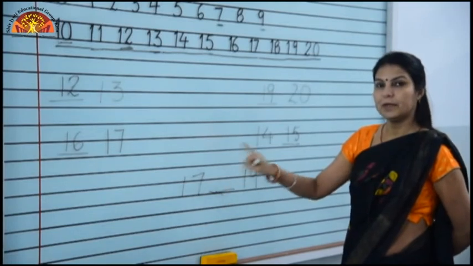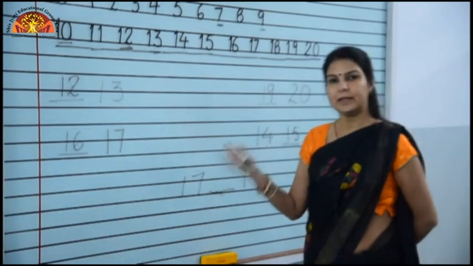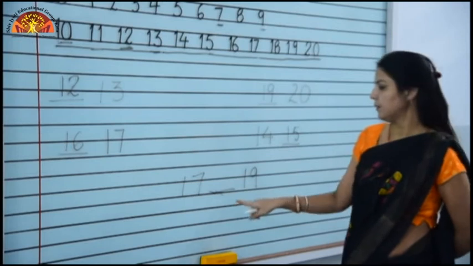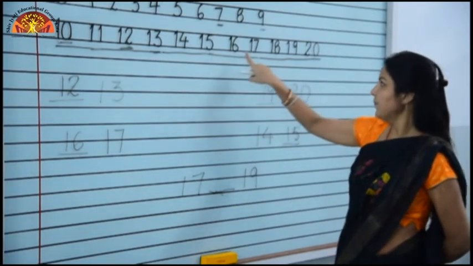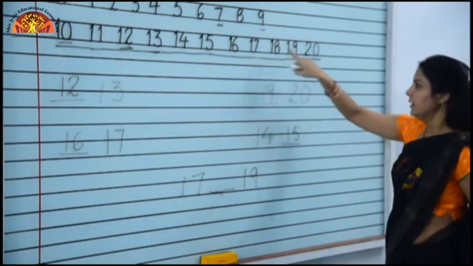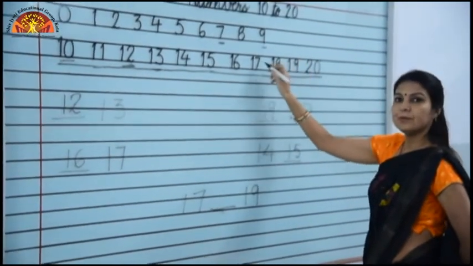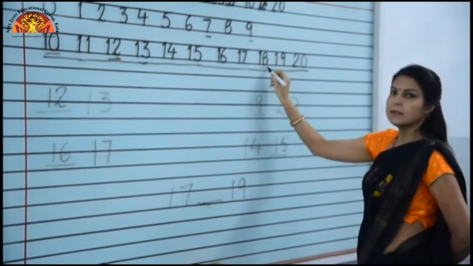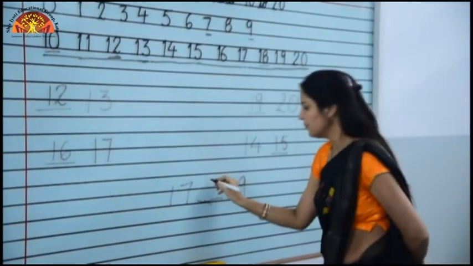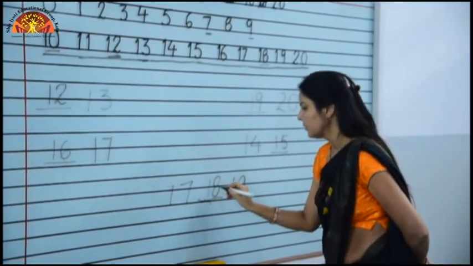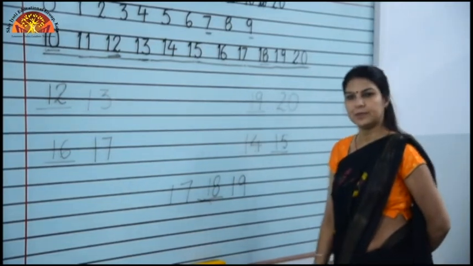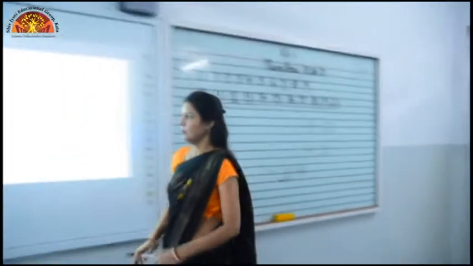If you know the counting, then you can write easily after, before number and between numbers. So look here, 17 is written here and 19 is written here. Which number is here between these two numbers? 18 is here between these two numbers. So 18 will come here in between numbers.